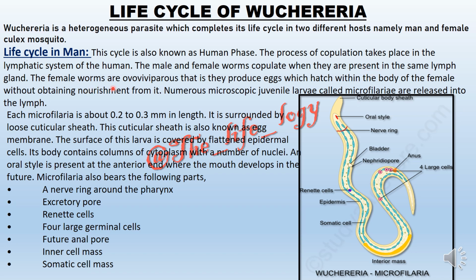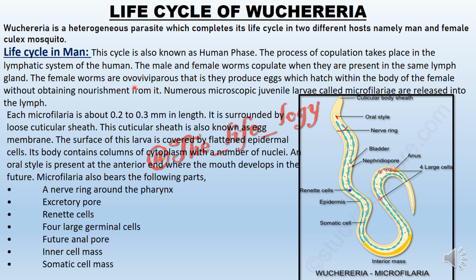The female worms are ovoviviparous. Ovoviviparous means they produce eggs which hatch within the body of the female without obtaining nourishment from it. In oviparous animals they lay eggs, but in viviparous animals the placenta is present and they give birth to the young ones.